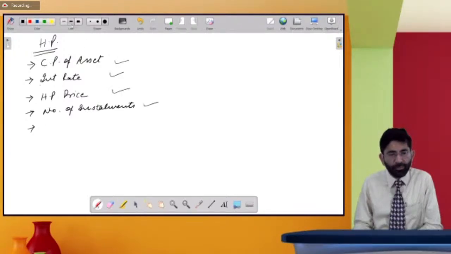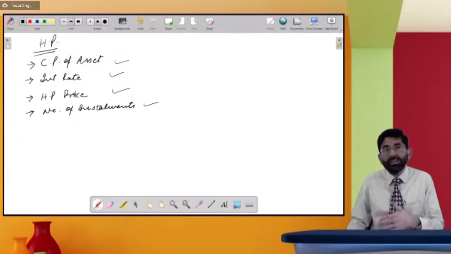These are the main four things required in every question, without which we are unable to solve it. If any of these is missing, it will be difficult to solve the question. When any information is missing, how to solve the question in that case, we will understand today.